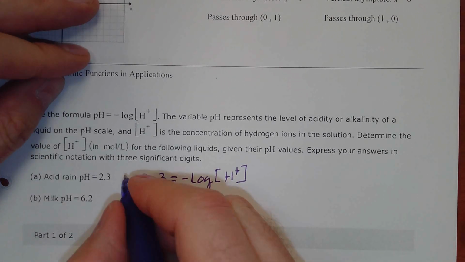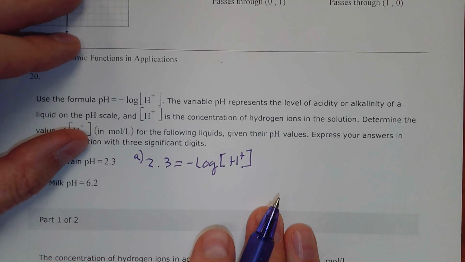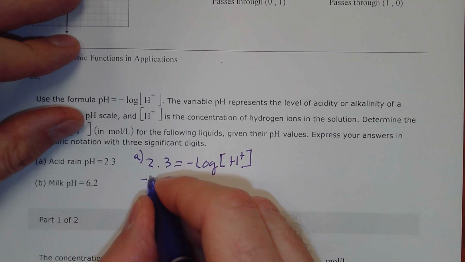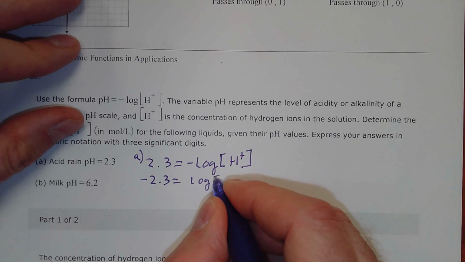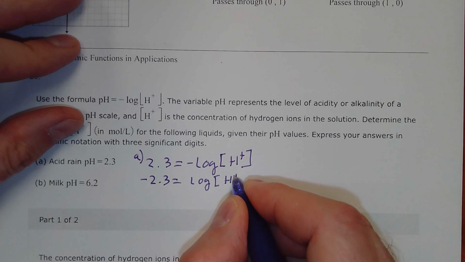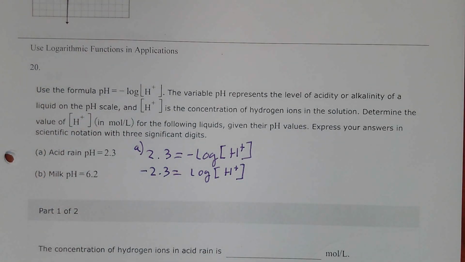So I'm going to call this part A here. So first I want to get the log by itself, so I'm going to divide by -1. And then I want to find out what my argument is. The way I do that, I need to change it into an exponential equation.